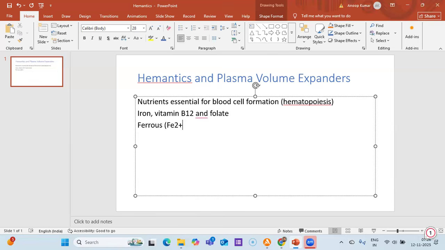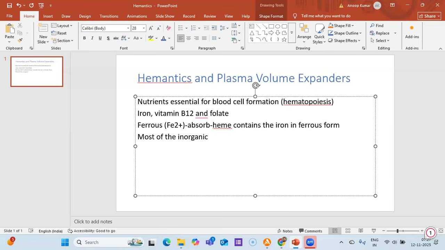So, it's absorbed from the intestines in the ferrous form, and heme contains the iron in the ferrous form, right?